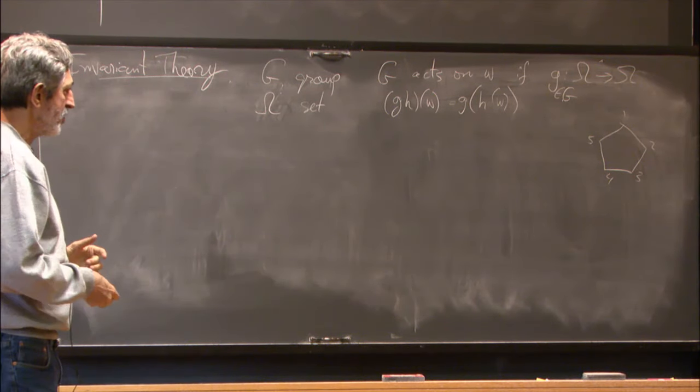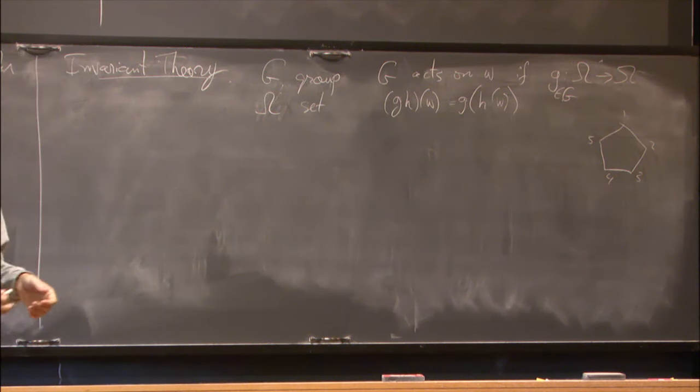Once you have this, there are two natural generalizations that people studying symmetries or invariant theory make. First of all, this set omega may have no structure, but you can immediately look at actions on all functions on omega.